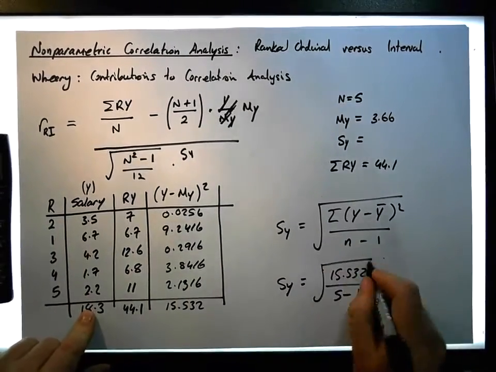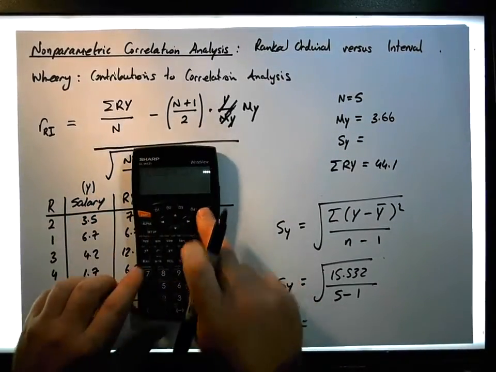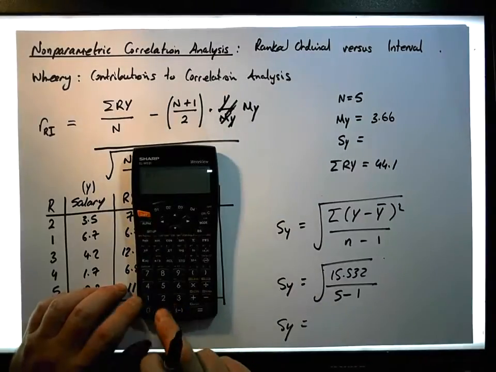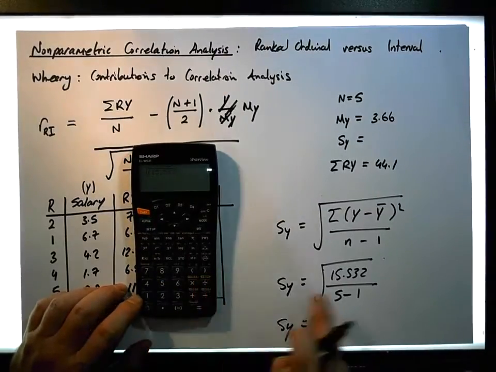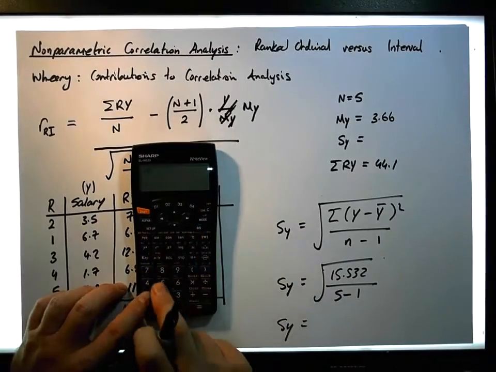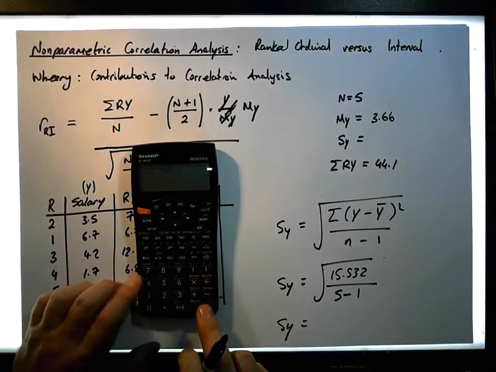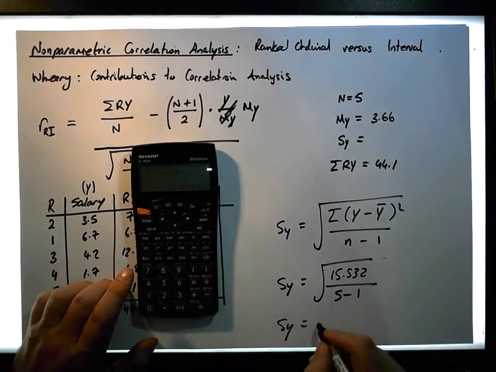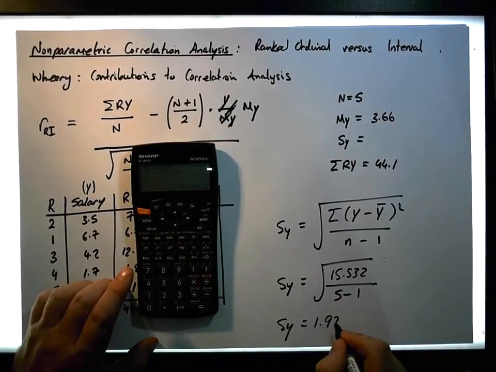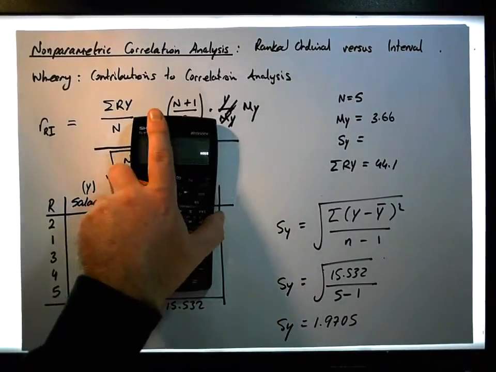So let's just do that really quickly. The square root of 15.532 divided by 4 gives us a value of approximately 1.97, let's say 1.9705. Okay?